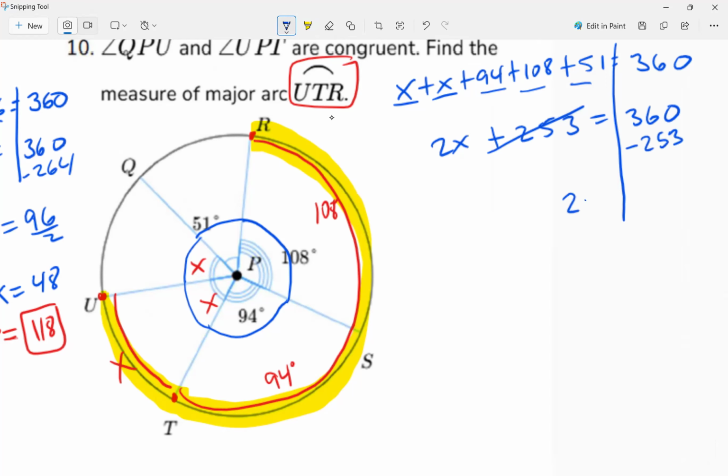So that's going to give me 2x is equal to 360 minus 253, which is 107. Let me divide both sides by 2 to solve for x. 107 divided by 2 is 53.5. Decimals are numbers, so it's fine to have a decimal. So I'm going to say this x right here is 53.5.